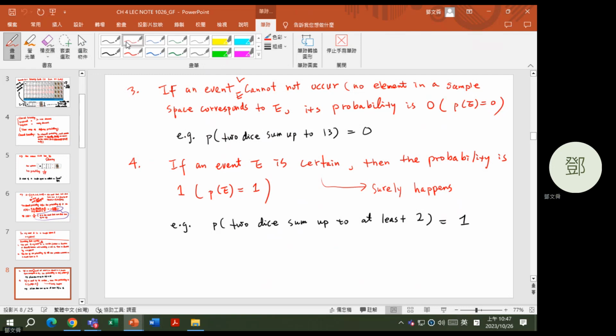I have to add the right parenthesis here.